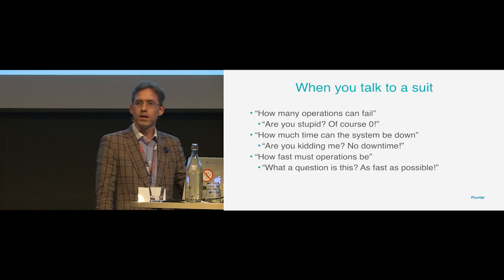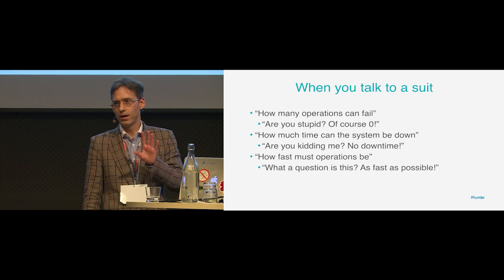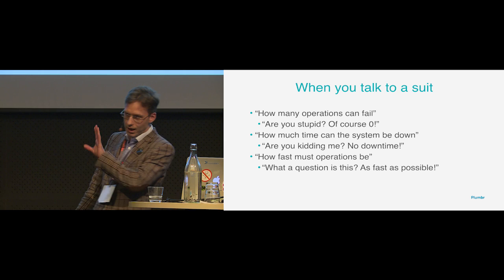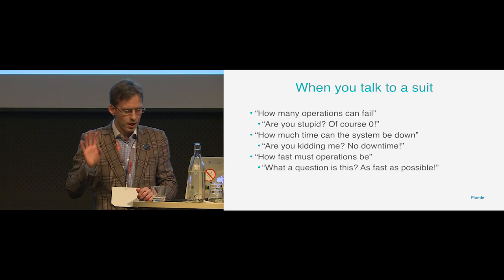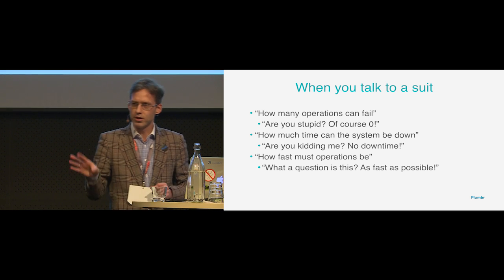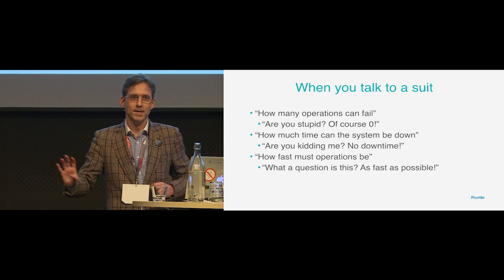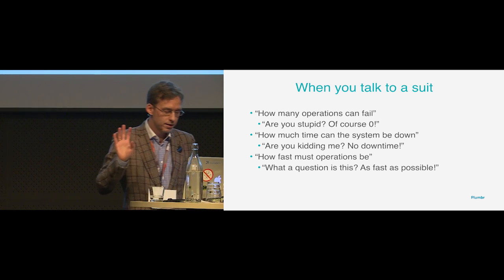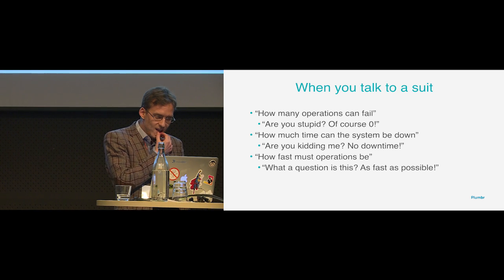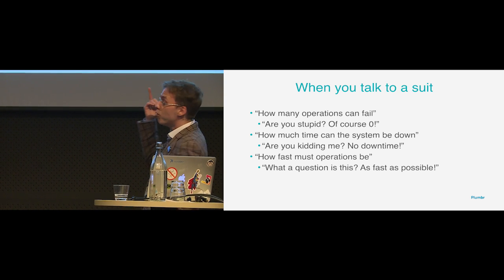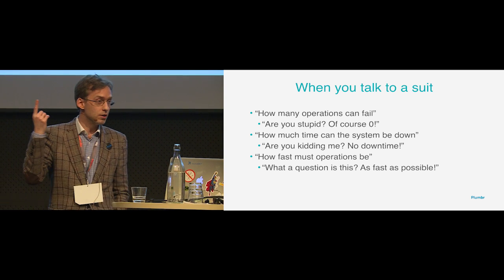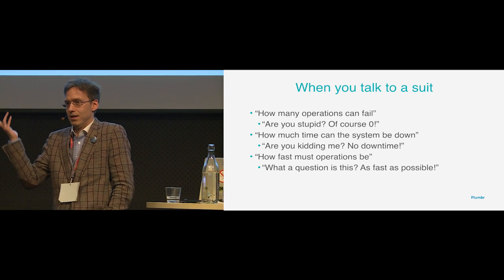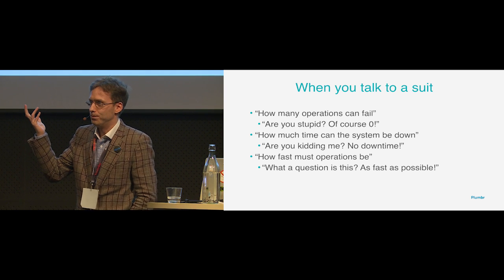We need SLA 99999999999999999, because he somehow knows that 100% is not achievable, but the more nines, the better. And the last question, of course, how fast should I make our application? Faster.